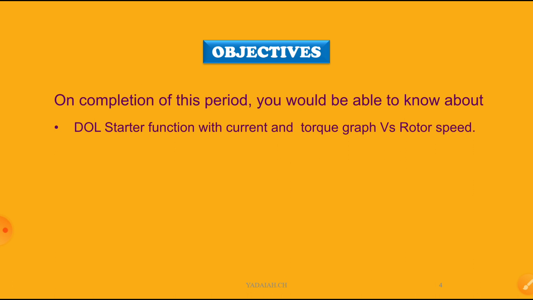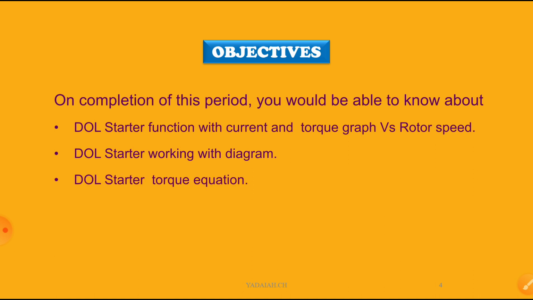Second point is the DOL starter working with its circuit diagram. And we can derive or analyze the DOL starter torque equation. And finally, we are going to see the disadvantages of a DOL starter. Okay, so let us see one by one.